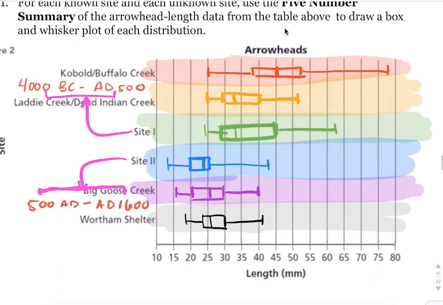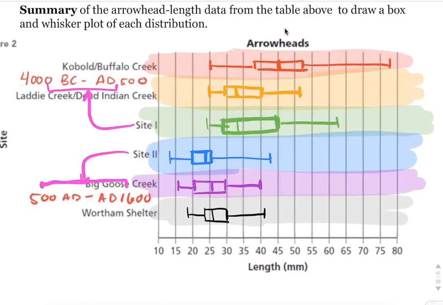So we can say that it was probably an older technology in that first 4,000 to 500 AD, that their technology wasn't as good as it was later, so their arrowheads are bigger. As technology improves, things usually get a little bit smaller. A computer used to take up an entire room. Now I could fit it in the palm of your hand. Things get smaller as technology increases.